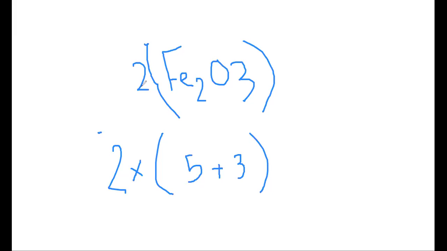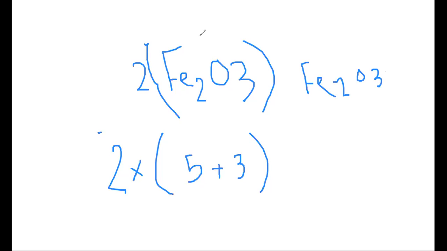We have 2 multiplied by 4? How many oxygen atoms? 3. 6. That means 2 Fe2O3 means this molecule Fe2O3 is repeated 2 times.